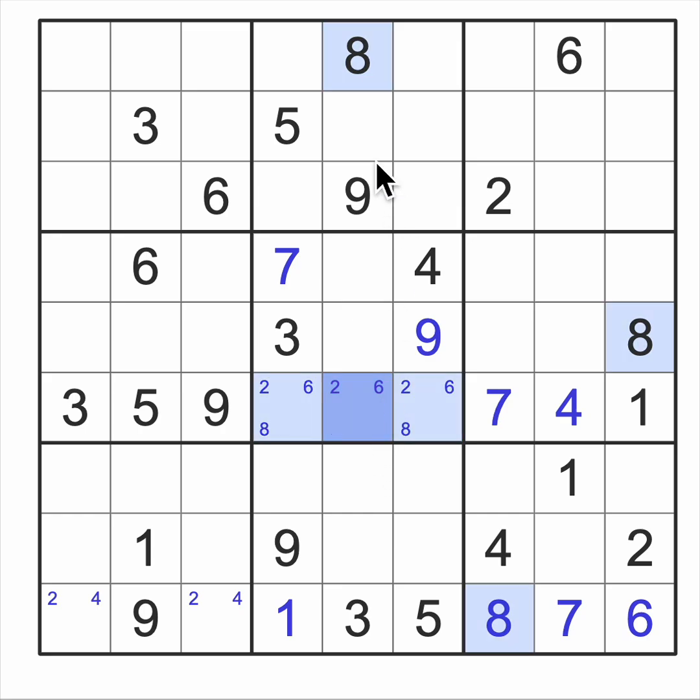This one cannot be 8 because of this 8. And 2, 6, 8 triple here means these 2 will be filled with 1 and 5. And now I can place 6 in box 6. This 6 blocks these, this 6 blocks here, this 6 blocks this cell, gives me 6 here.